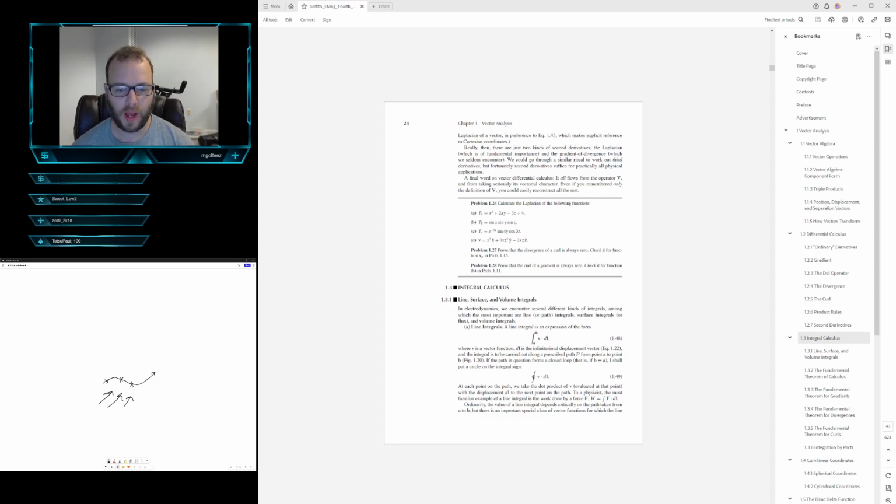So, how do we do that? Well, we start out by expressing the line integral as this vector field dotted into an infinitesimal line element.